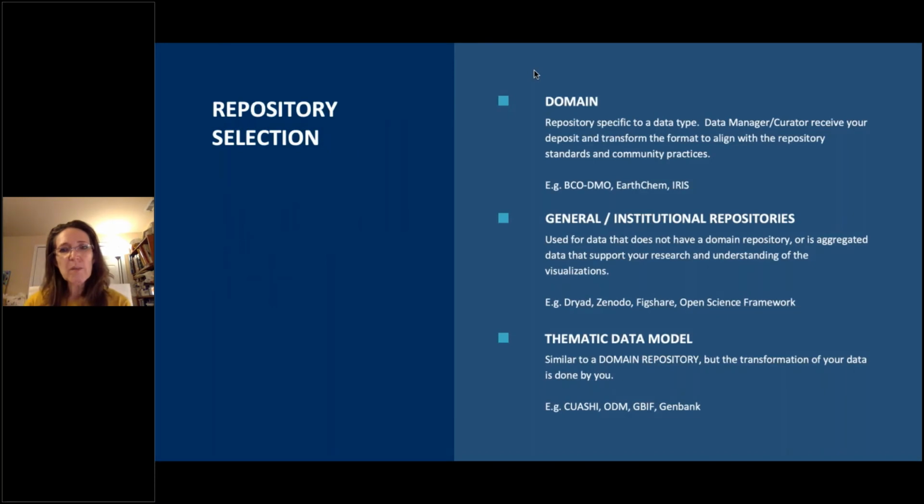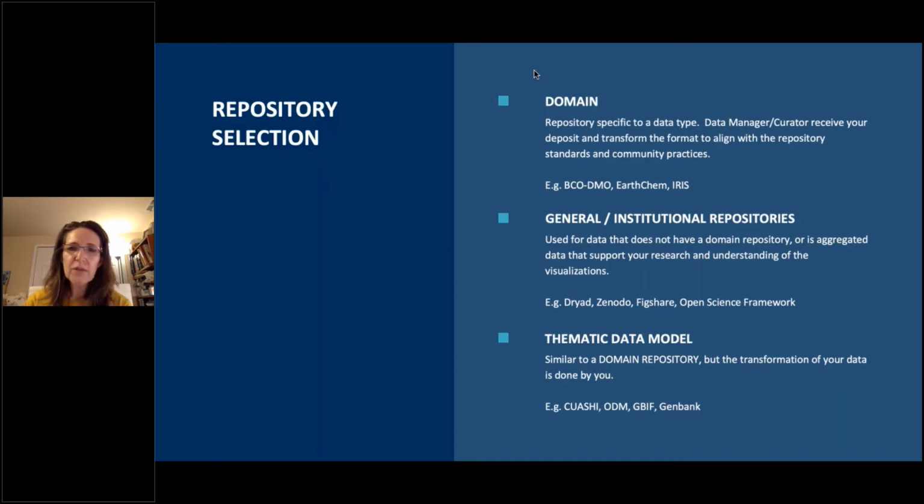So when you're choosing a repository, there are different ways to look at them. I'll give you one set of examples here. This particular slide was built for a workshop that we did at fall meeting in 2019 as part of the student program.